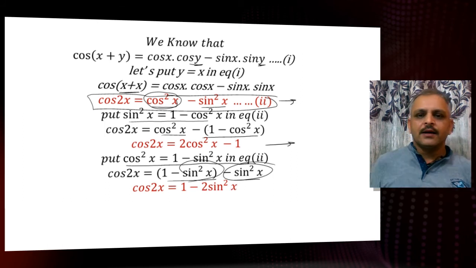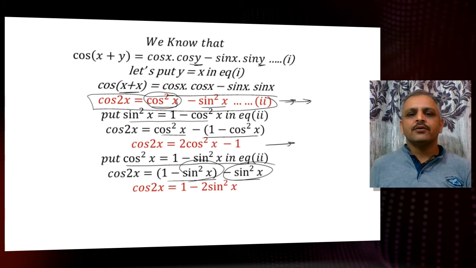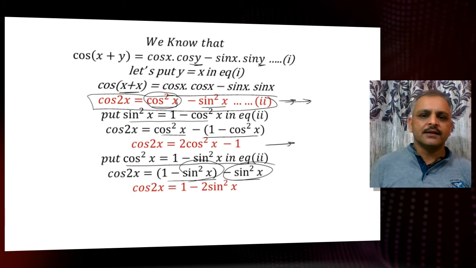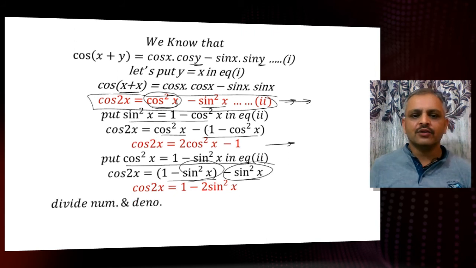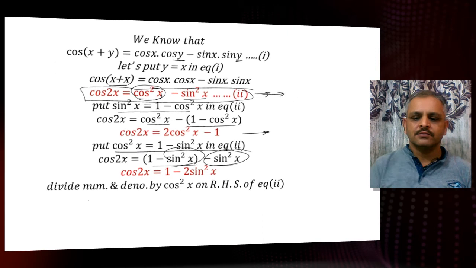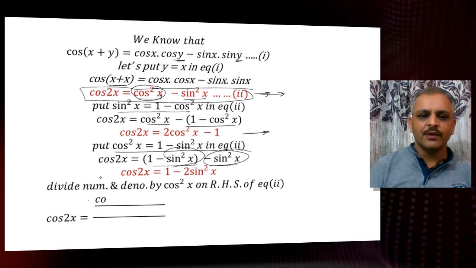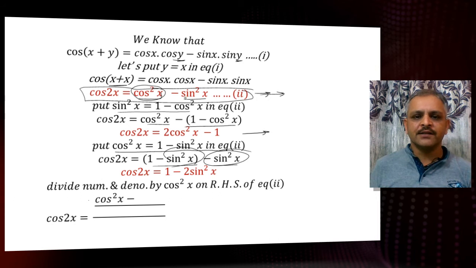As before, if I divide equation 2 on the right hand side by cos square x, both numerator and denominator are divided by cos square x. So cos 2x is equal to (cos square x minus sin square x) divided by cos square x, and 1 is also divided by cos square x.